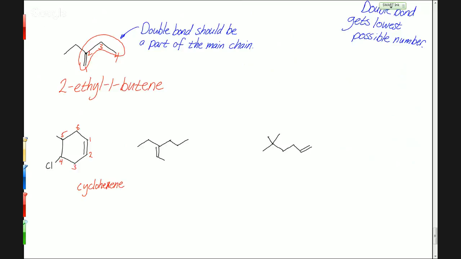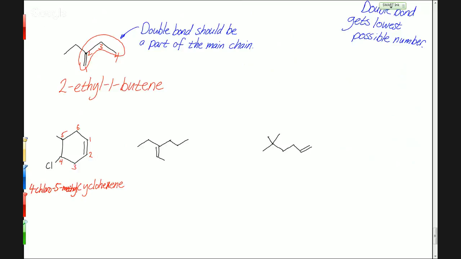So that tells us that our substituents are at 4 and 5, 4-chloro, 5-methylcyclohexene. If you did 4-methyl, 5-chloro, that's okay for our purposes. If you go on, you'll learn more specific rules about that.